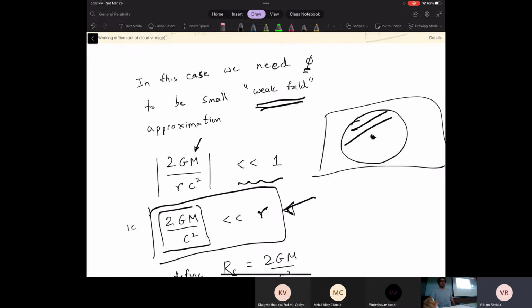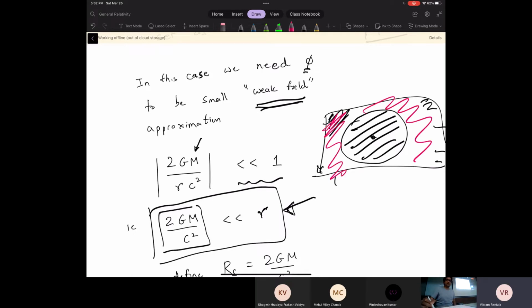I can take a patch where I cut out a region near the source and look far enough away from the point source, with the boundary conditions that I have Minkowski spacetime. In this coordinate patch, everything is where this field is weak, and my entire formalism that I've done till now is absolutely valid.